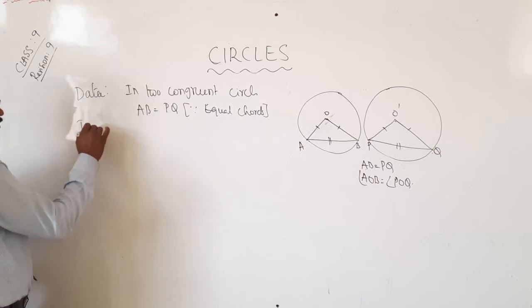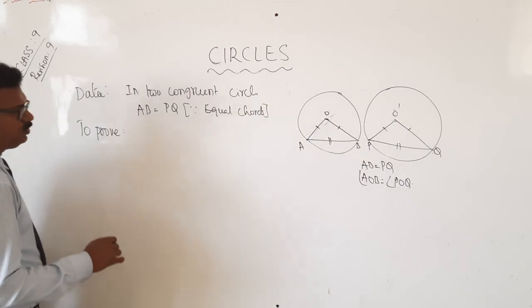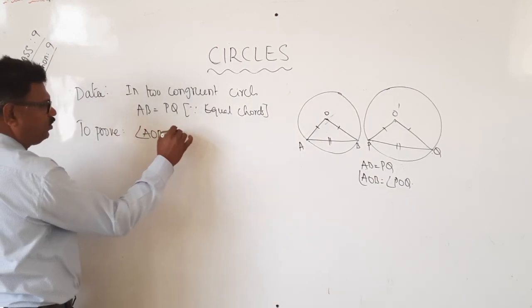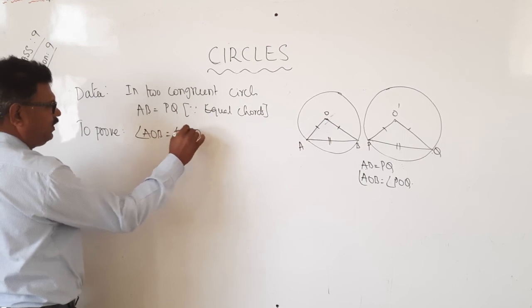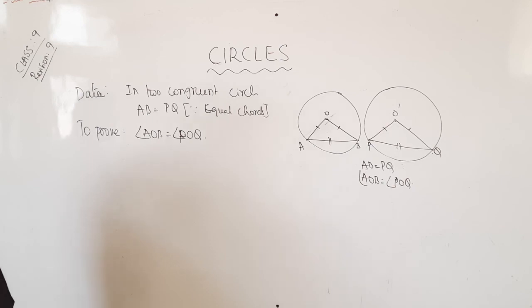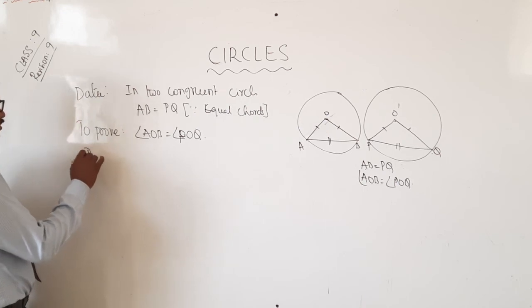To prove, so what we have to prove? Angle AOB equal to angle POQ. AOB equal to POQ we have to prove. Very simple. Now consider proof.